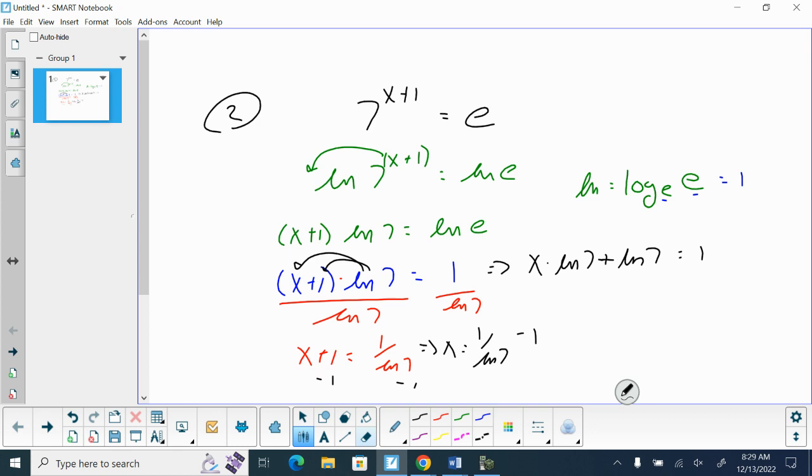We can subtract our ln of 7 and divide by ln of 7. So we have 1 minus ln of 7 divided by ln of 7. Both of them should give you the same solution, negative 0.486.